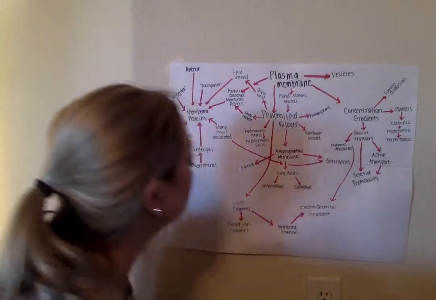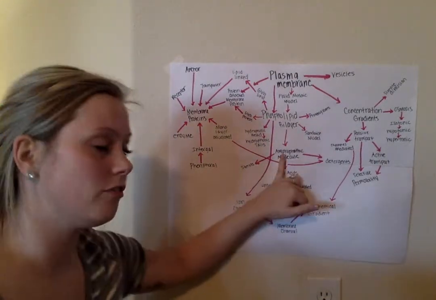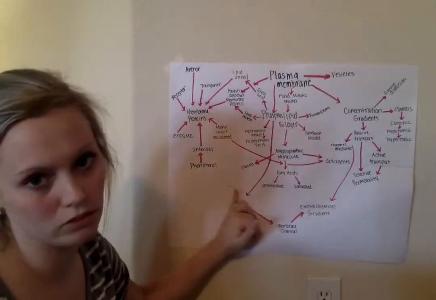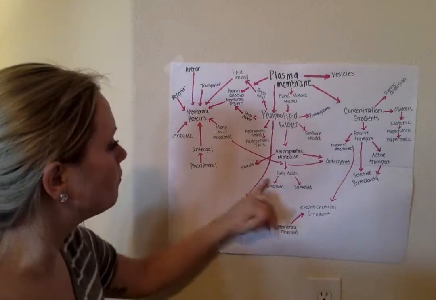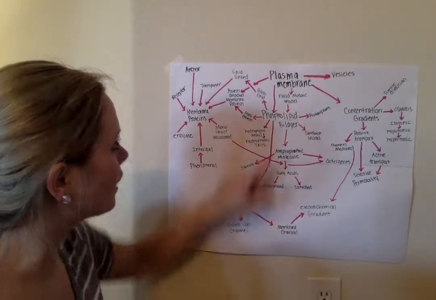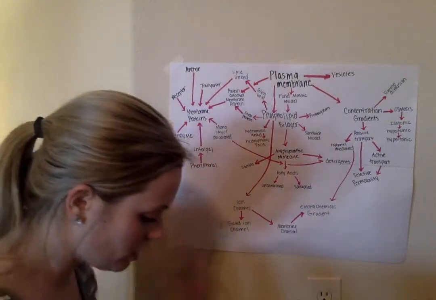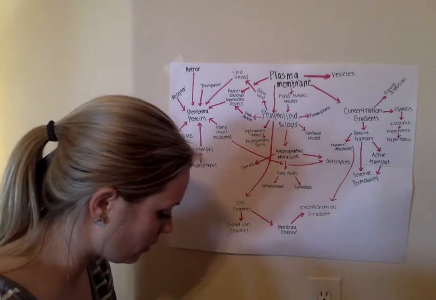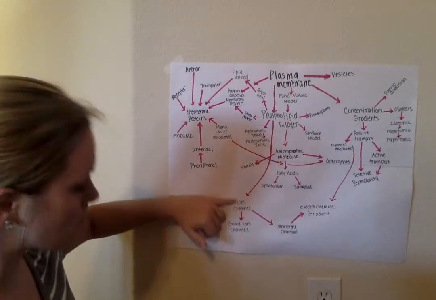Going on from there, sterols are also an amphipathic molecule, and they also come off of the phospholipid bilayer in the plasma membrane. Going from there, there's a big line all the way through, and it talks about ion channels. Ion channels are proteins or protein complexes, and they facilitate movement through the membrane.